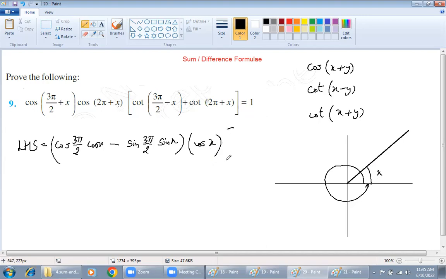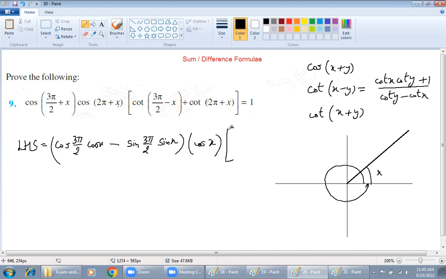Next bracket is cot 3 pi by 2 minus x. So cot formula, yesterday we did cot x minus y is cot x cot y plus 1 divided by cot y minus cot x.